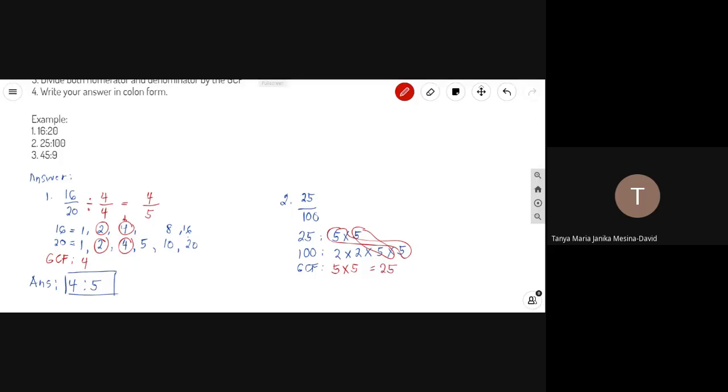For the third step, I will divide the numerator and denominator by the GCF, 25. 25 divided by 25 is 1. 100 divided by 25 is 4. Hence, in step 4, writing our answer in colon form, the lowest terms of 25 over 100 is 1 is to 4.